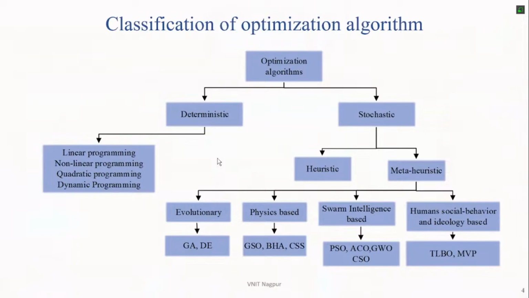Here initially what we do is generate a random population, and based on that random population we calculate the fitness function. We set a tolerance criterion, and if the fitness function is within that tolerance, we declare it our best objective function.